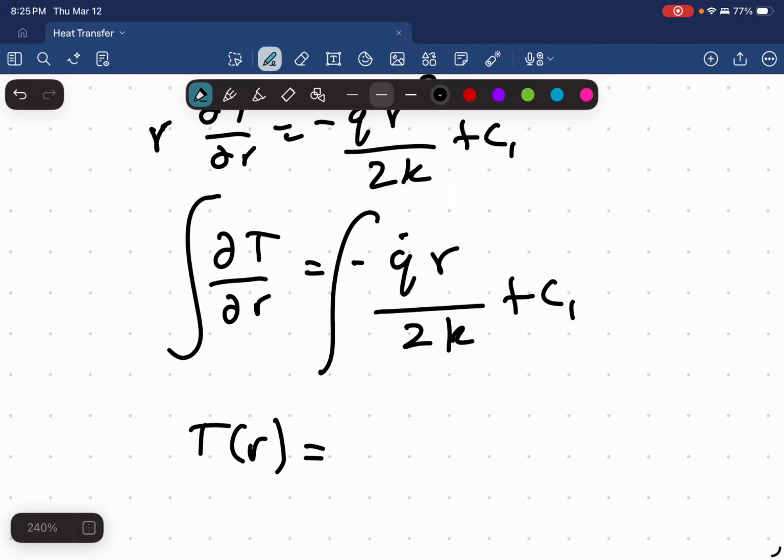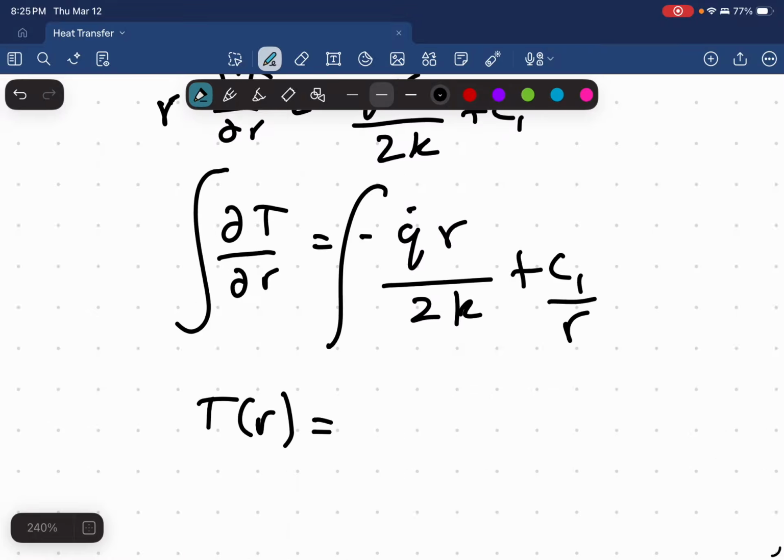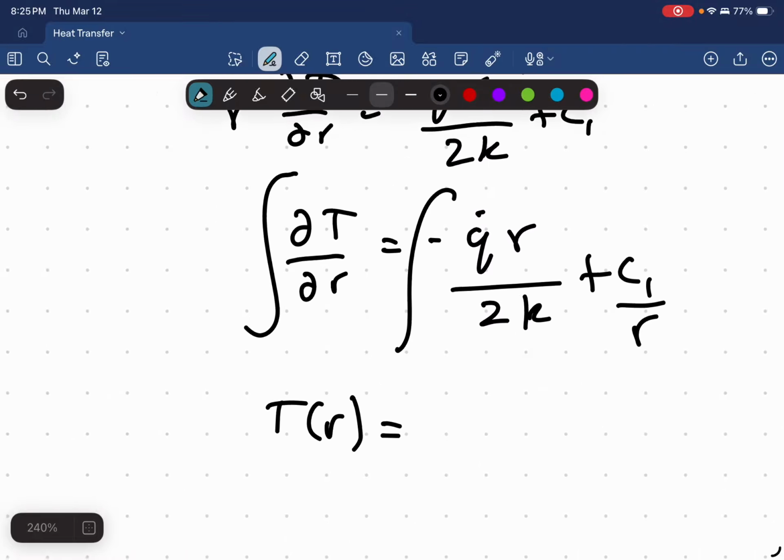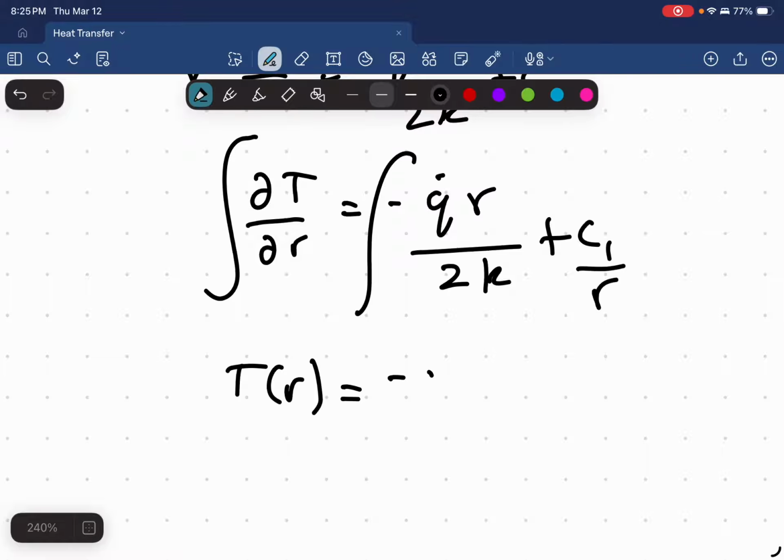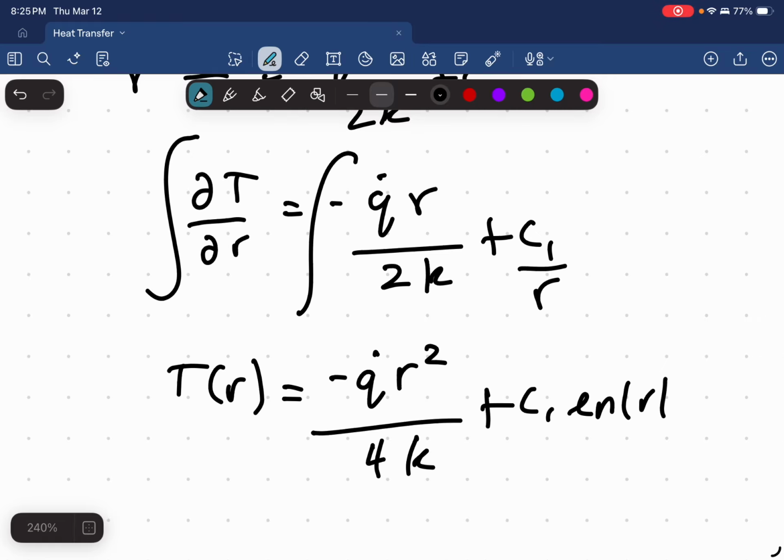We're just going to do another integration. There should be an r right here, and this is going to give negative heat gen times r squared over 4k plus c1 ln of r plus c2.